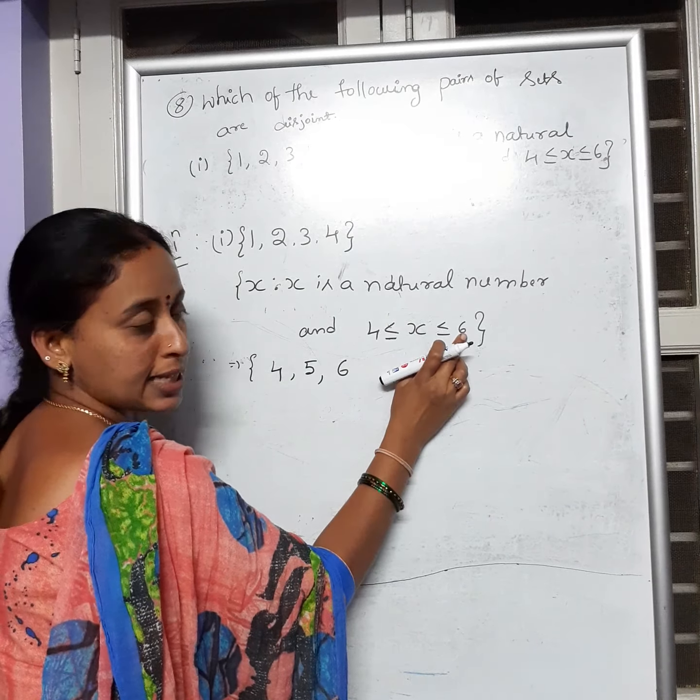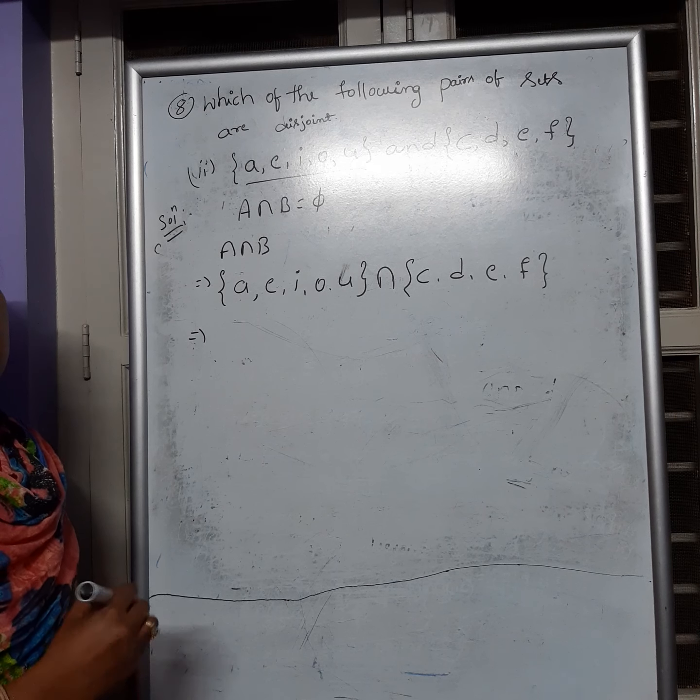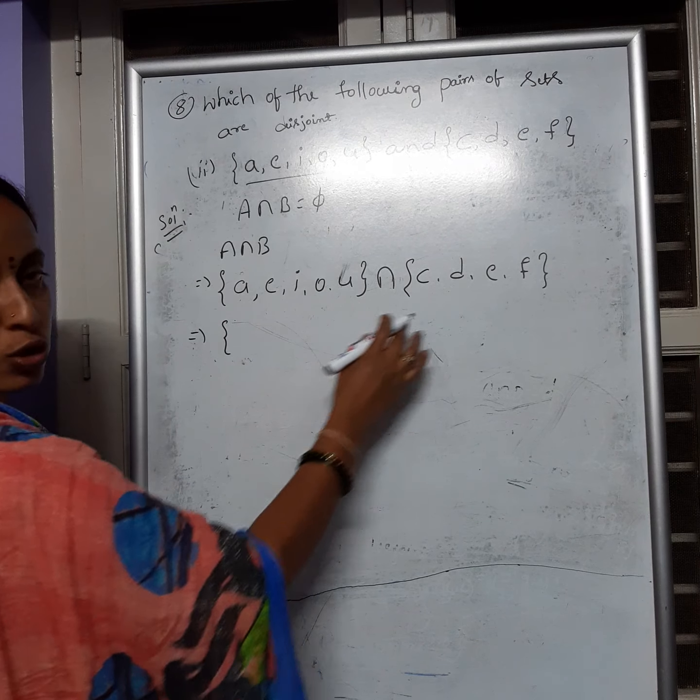Here for set A we take A, E, I, O, U, intersection with the other set B, which is C, D, E, F. Intersection means we take the elements that are common to both sets. So which element is common to these two?